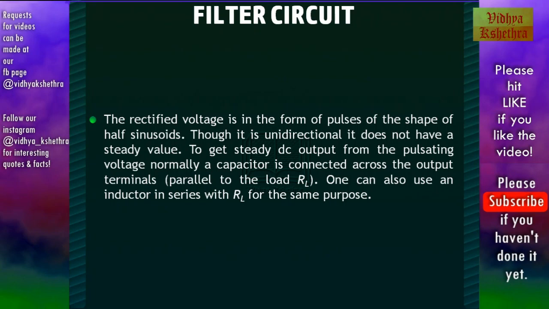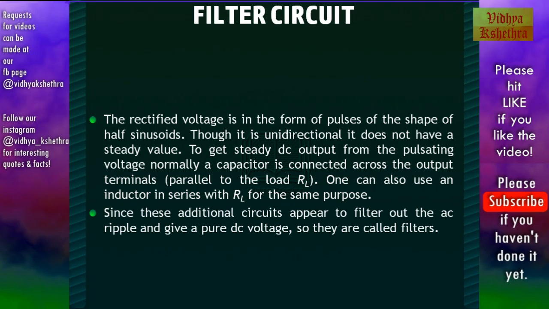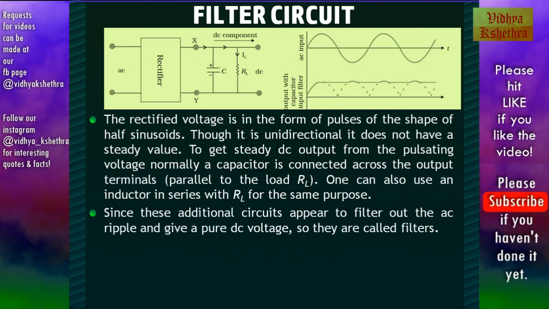A filter circuit usually consists of a capacitor in parallel to the load resistor or an inductor in series with the load resistor. Since these additional circuits filter out the AC ripple and give a pure DC voltage, they are called filters.